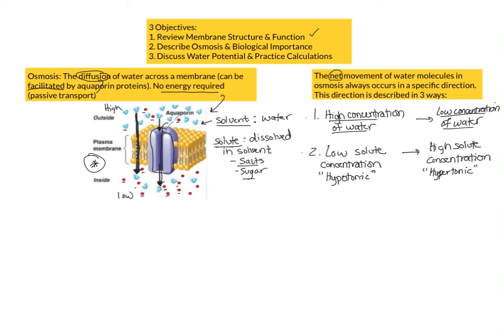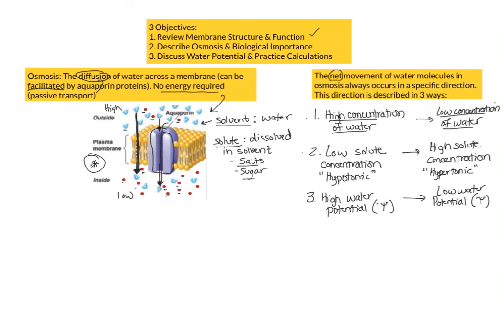The third way that we can describe the net movement of water is probably the way that's least familiar, and we're going to talk about this in the third part of this lesson. We can say that the net movement of water occurs from a region that has high water potential, which we describe with the symbol psi, to a region where there is low water potential, or low psi.